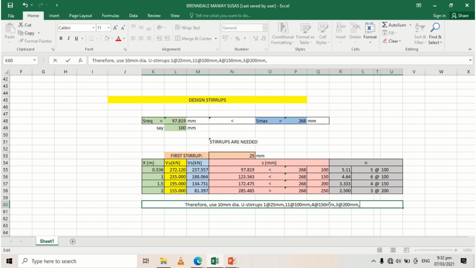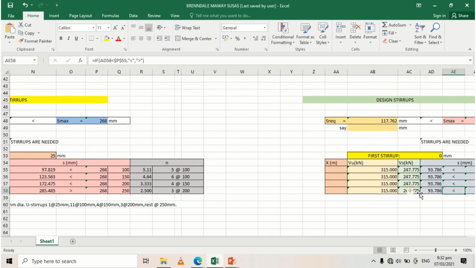And tapos dito, if greater than siya, 250 lang, so rest at 250 mm. So for the rest of the span, 250 mm yung spacing na gagamitin natin. Ayan, that's for 2010.